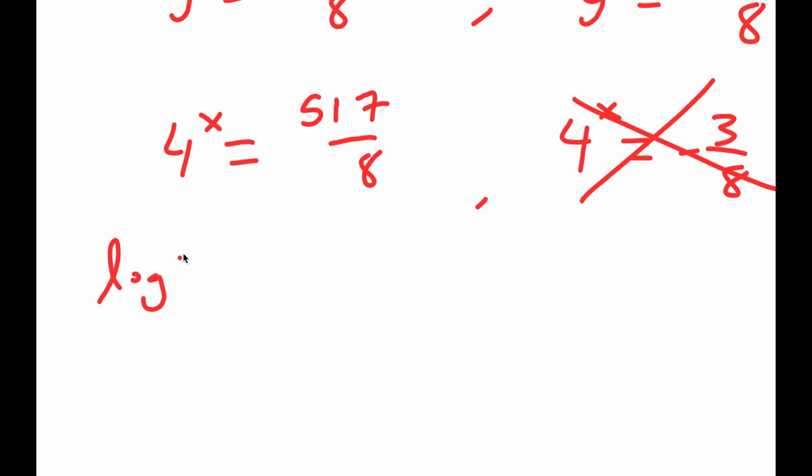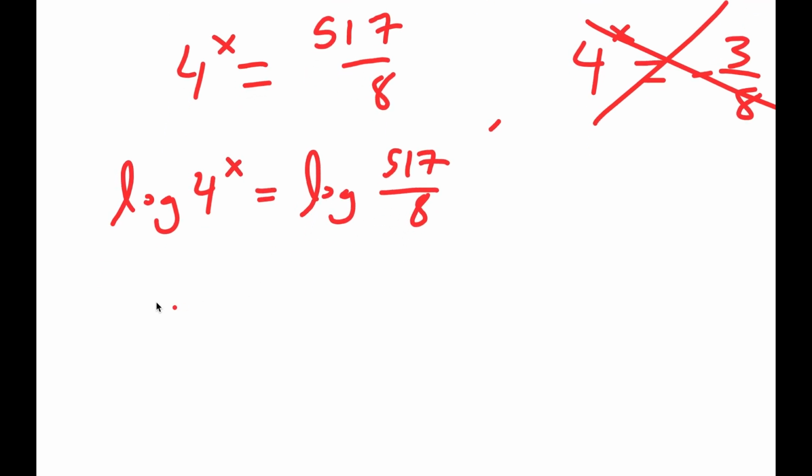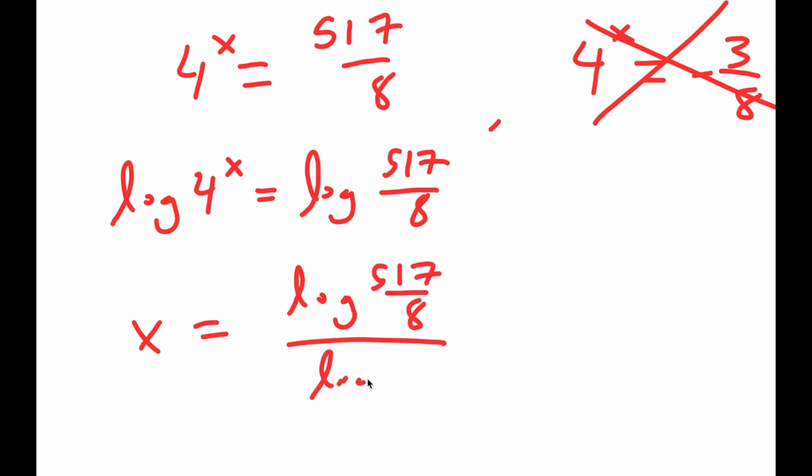And to solve this, I'm going to take the log of both sides. So I get log 4 to the power of x is equal to log 517 over 8, meaning x is equal to log of 517 over 8 over log of 4.